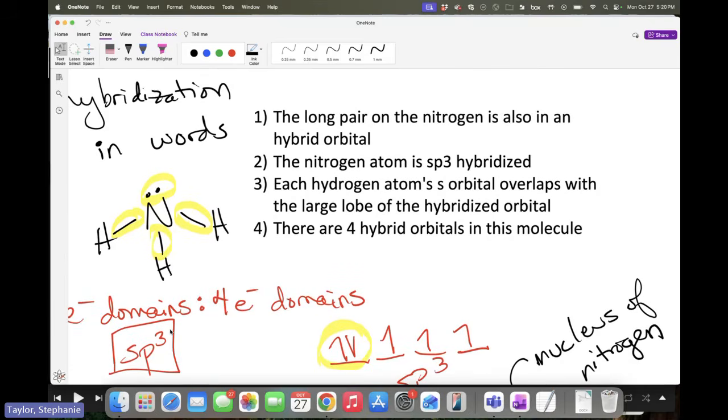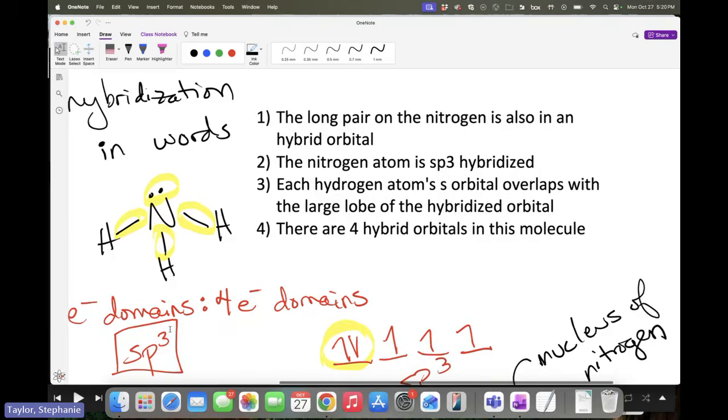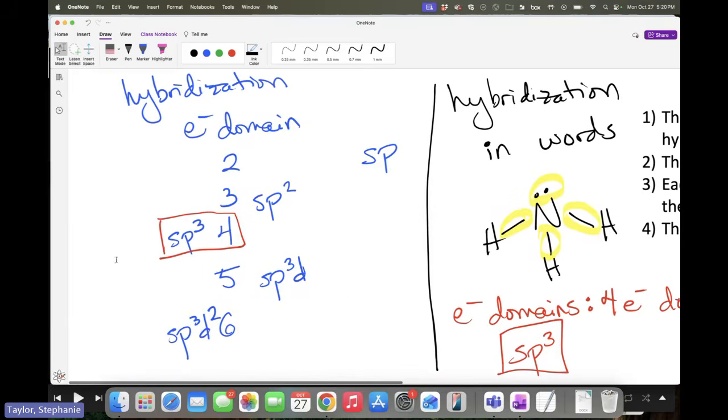So when we start to talk about what you can expect to see on the exam, I promise we'll have something like: here's a molecule, tell me the hybridization, or what is the hybridization of the central atom. And your answer choices will be sp, sp2, sp3, sp3d, sp3d2.